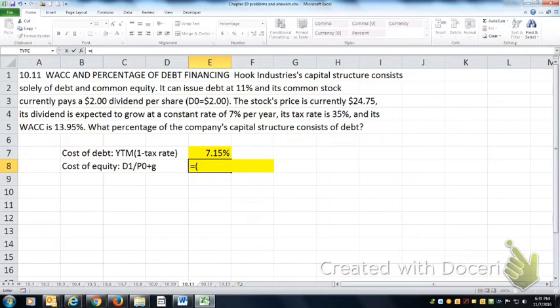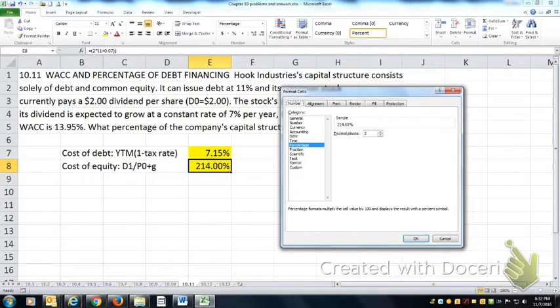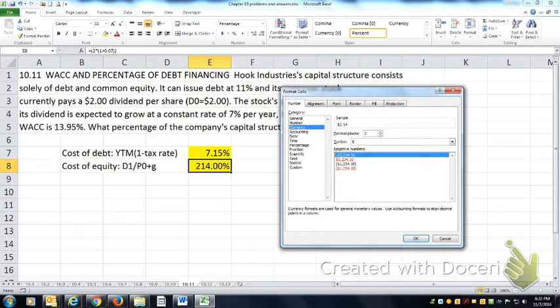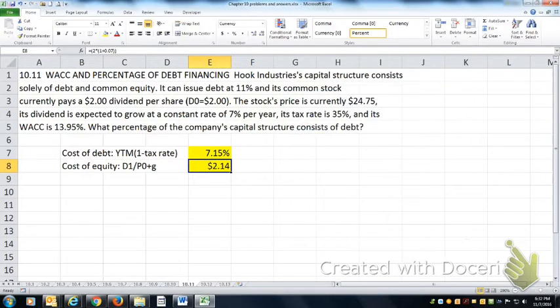I have a dividend just paid D0, and I know that's growing at 7%, so the $2 dividend times 1 plus the growth rate tells me that the dividend a year from now is $2.14.